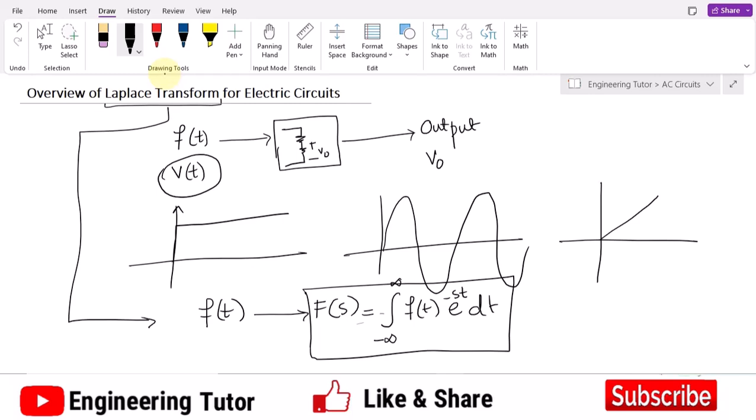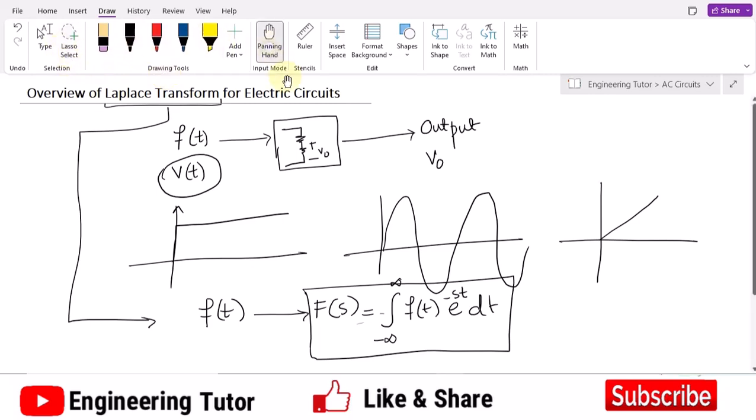I am not going into the details of this Laplace transform, and you may find very good videos which will give you the understanding of the mathematical concept associated with converting any signal to the Laplace transformed signal. But here we are going to see the applications of the Laplace transform in electric circuits.